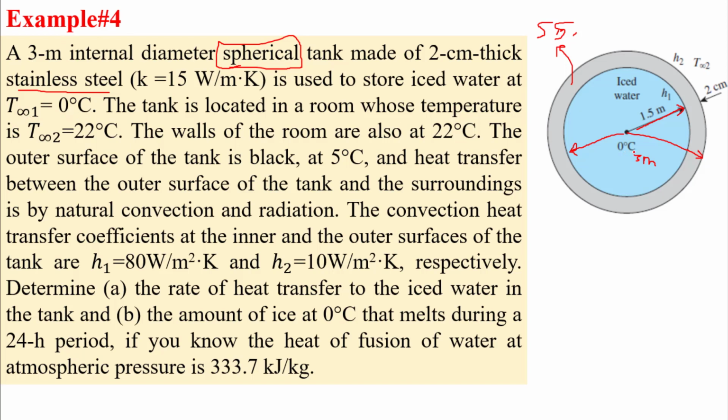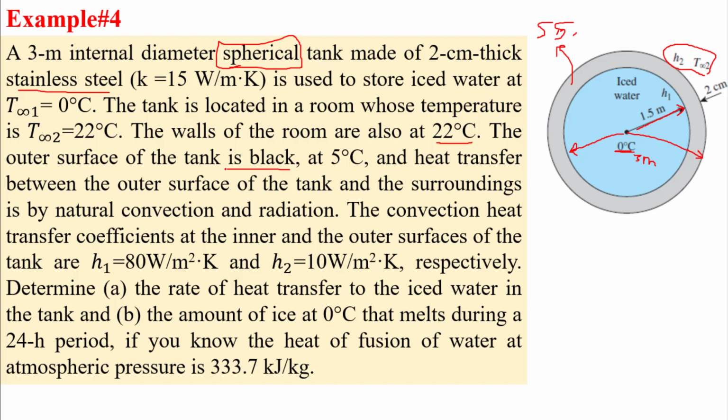So this is the inside temperature. The tank is located in a room whose temperature T infinity is 22 degrees Celsius. So this is the surrounding, the environment surrounding the spherical tank. The walls of the room are also at 22 degrees Celsius. So T surrounding and T infinity are the same. The outer surface of the tank is black.